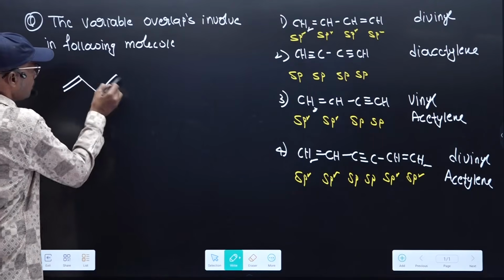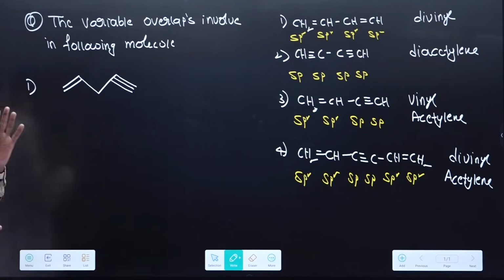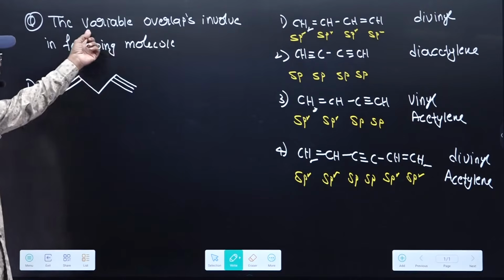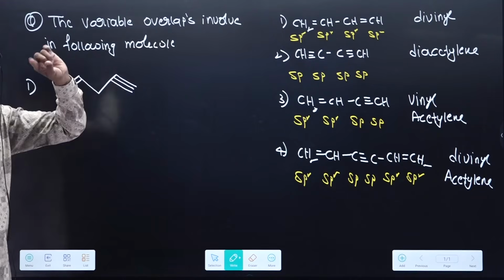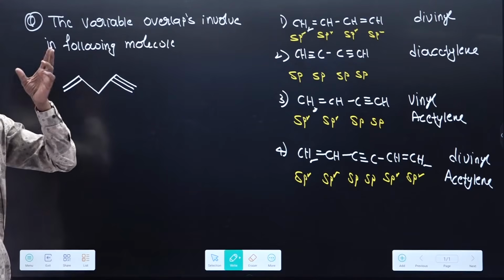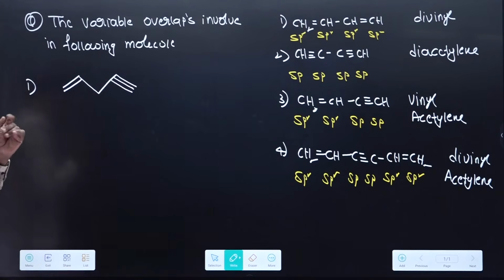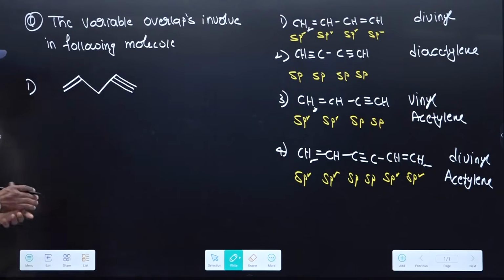Here a double bond, and this is a triple bond. In this molecule, how many different overlaps are present, that you need to calculate. I'm not asking for the total number of overlaps. How many different overlaps? If I say the word variable, try to write the different overlaps: carbon-carbon, carbon-hydrogen, sp2 carbon-hydrogen, sp2 carbon and other carbon-hydrogens. Okay, so try to identify the different overlaps involved in that one.